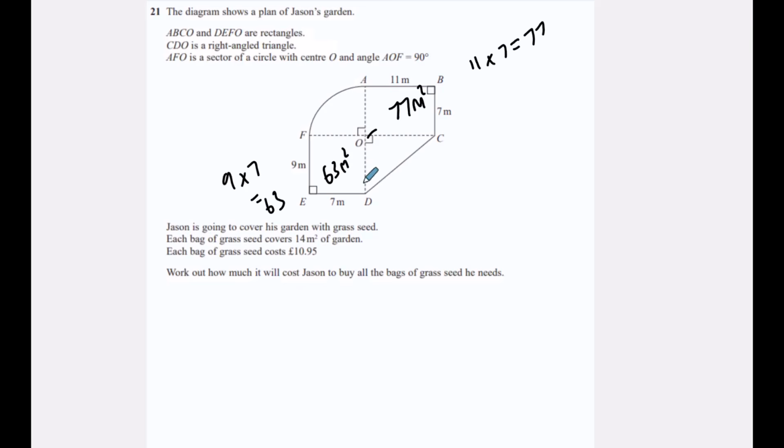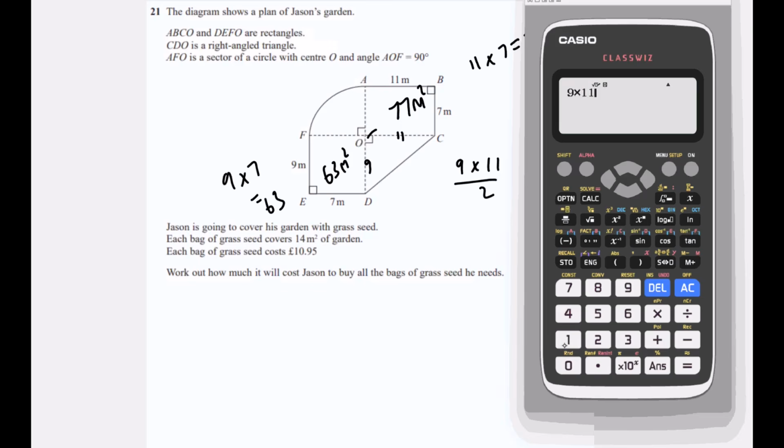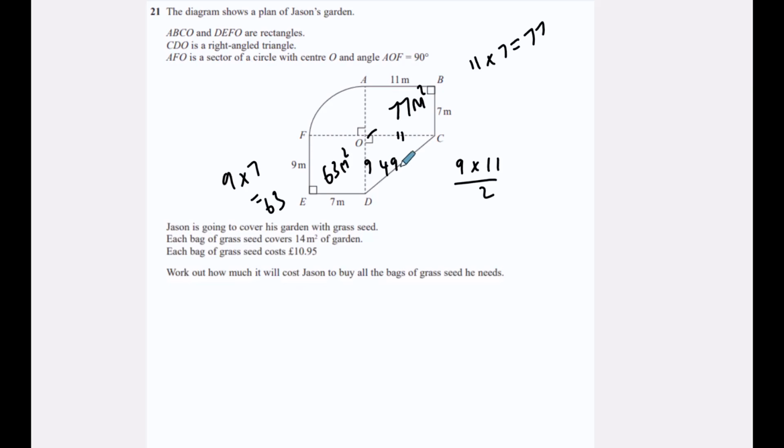The right angle triangle, so it's 9 by 11. So the area is 9 times 11 over 2, which is 49.5. And we've got a quarter circle with a radius of 7.